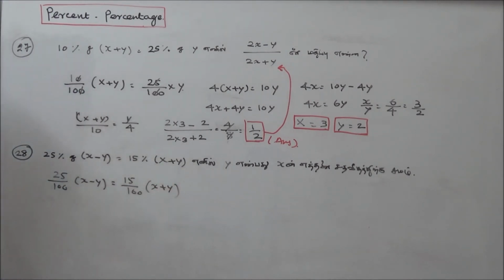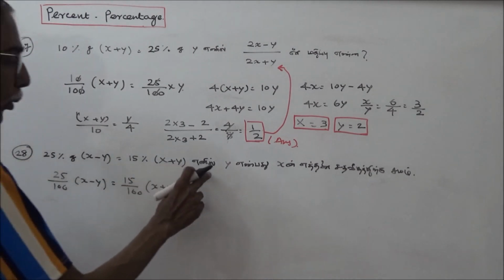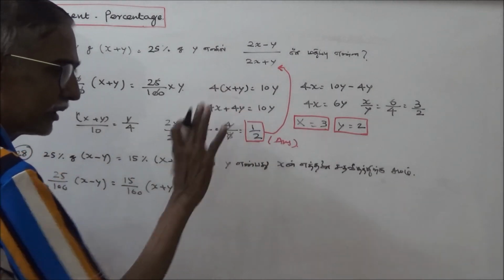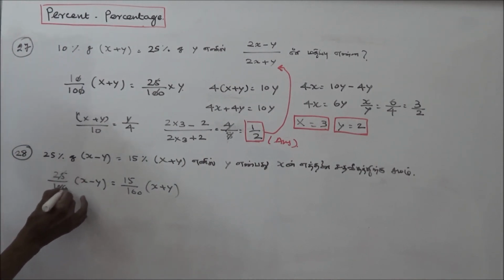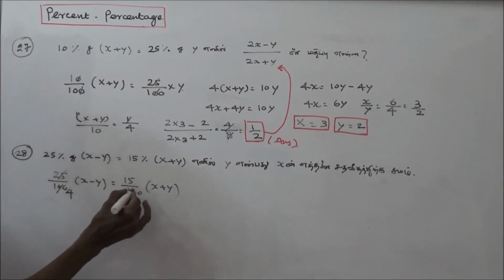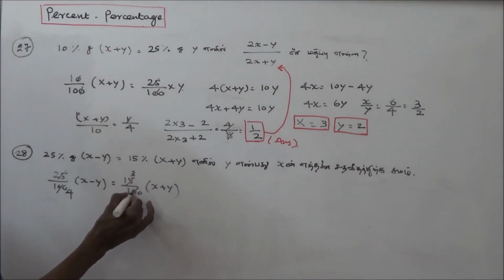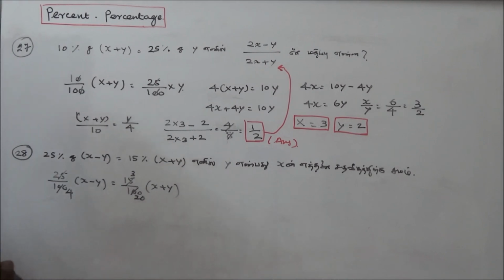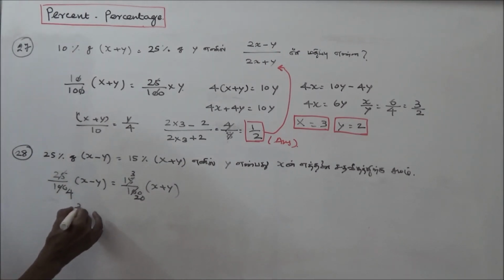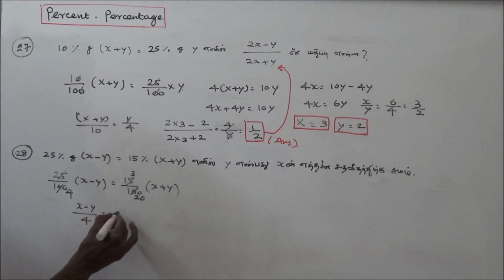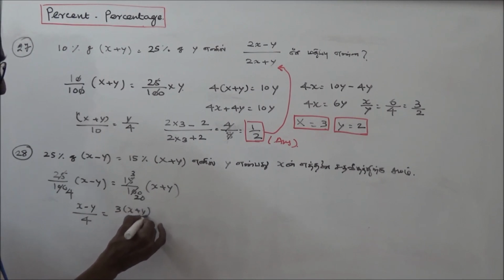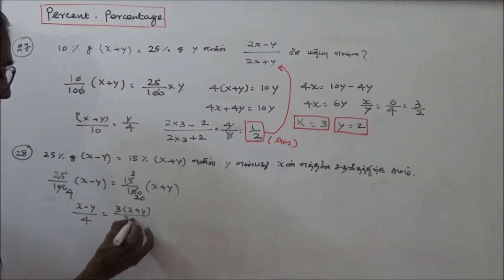Let us find what percentage y is of x. This is 4, this is 3, this is 20. So (x minus y) by 4 is equal to 3 into (x plus y) by 20.